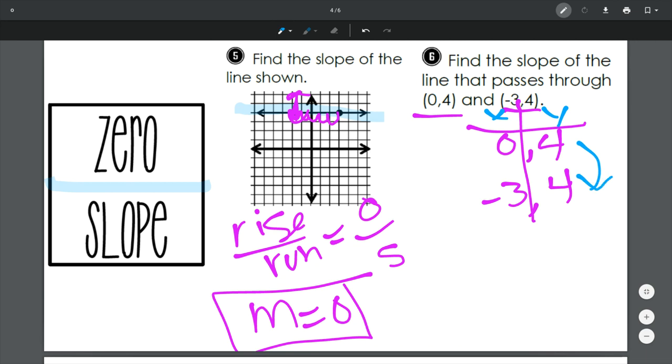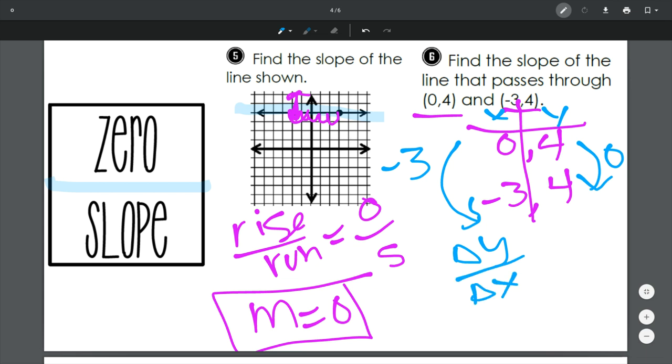From 4 to 4 is 0. And from 0 to -3, you've subtracted 3. So right here, my change in y over my change in x, I get 0 over -3.